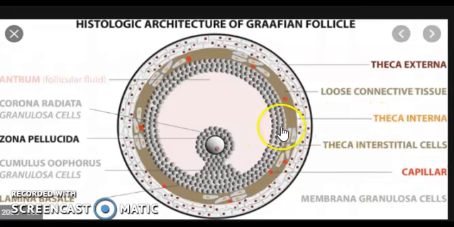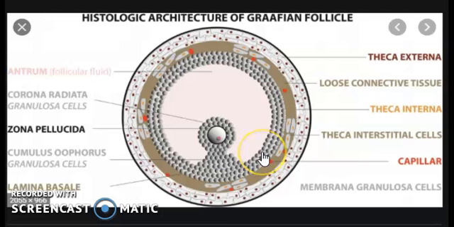Inner to this theca interna, there are some follicular cells called membrana granulosa cells. These lie just inner to the theca interna. From the membrana granulosa, cells differentiate into the discus proligerus and corona radiata cells.